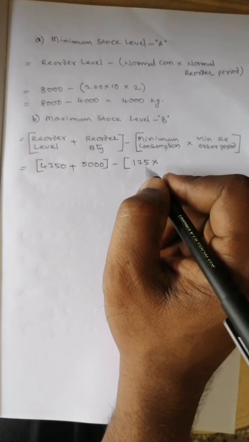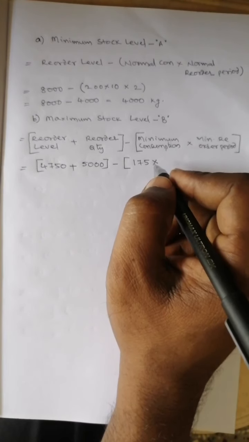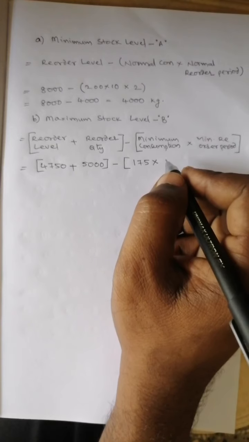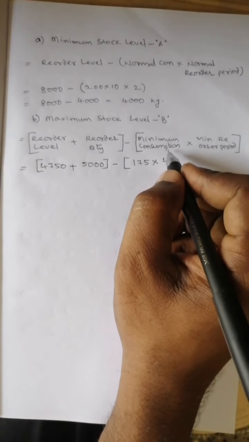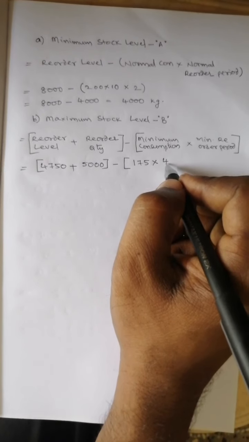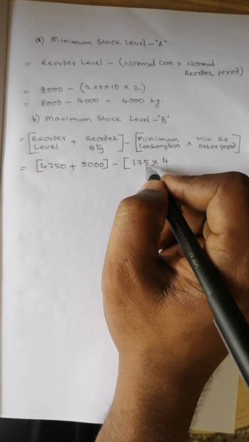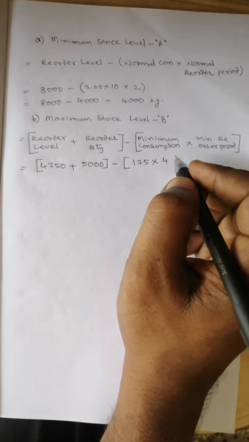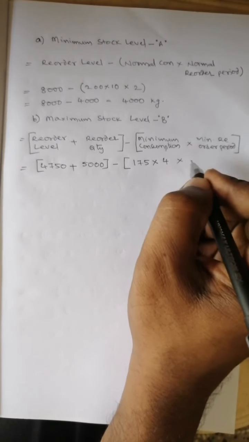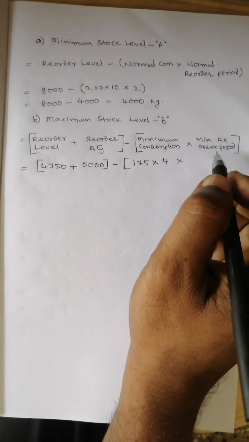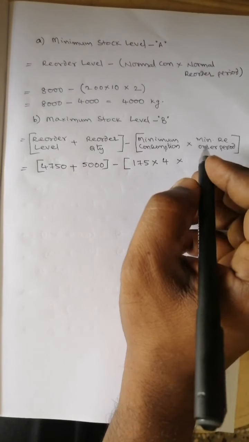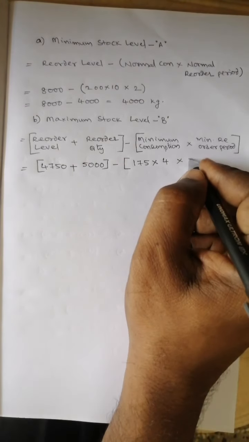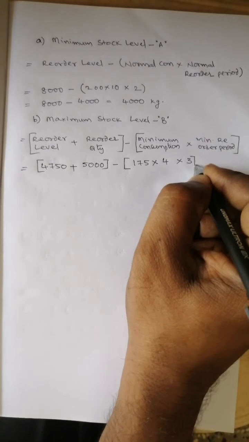For B component, usage per unit of product is, in column number 2, available as 4. Minimum consumption is equal to 175 into 4. 175 is number of units. For every unit 4 kg of material used. Multiply with minimum reorder period. Minimum reorder period for product B, 3 to 5 is there, in which 3 weeks is minimum.